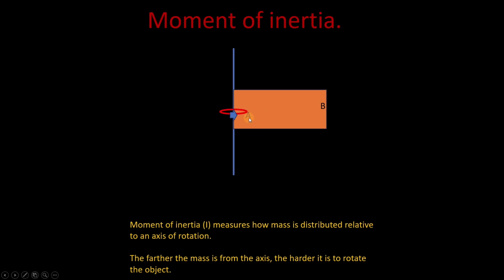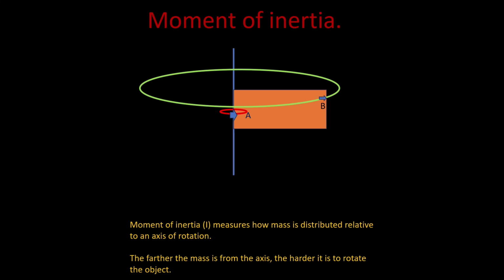First we apply torque at A, then this body will rotate about this axis, and next we apply torque at point B. This time the body will also rotate about this axis. Now which one is easier to rotate? Clearly at point A we need much more torque than at point B. This is a practical example.